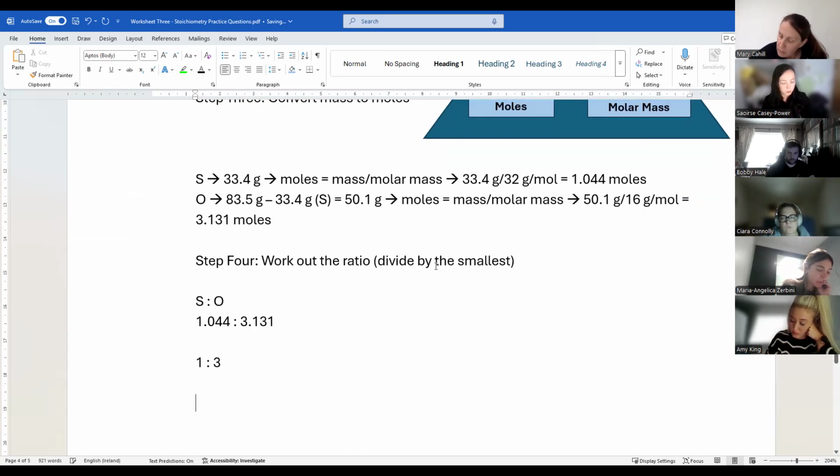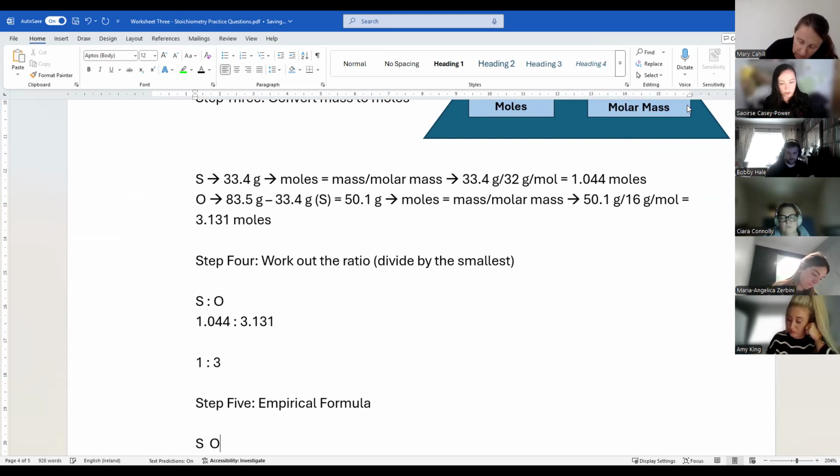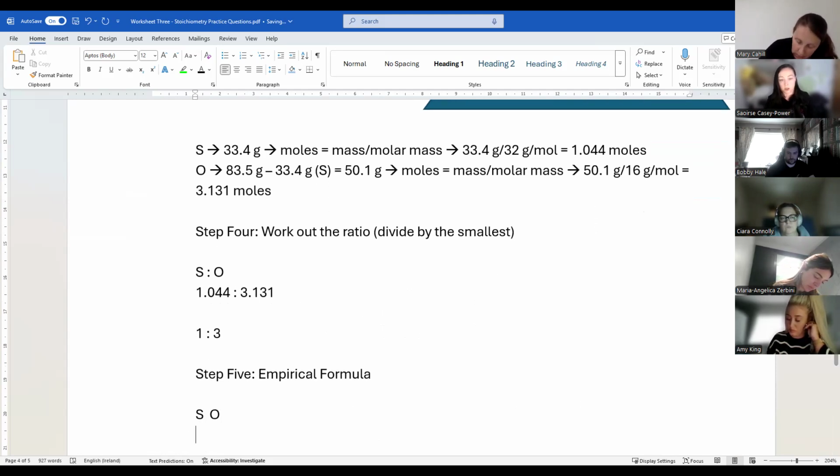And then your final step is just to write that as its empirical formula. So I have sulfur, I have oxygen, and I'm going to fill these numbers in as subscripts to represent my simplest ratio.